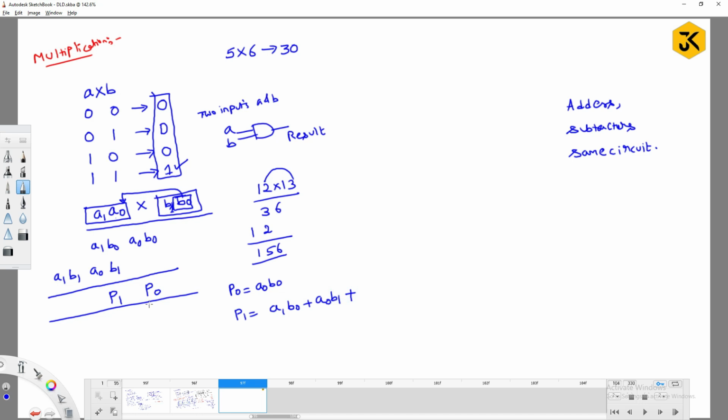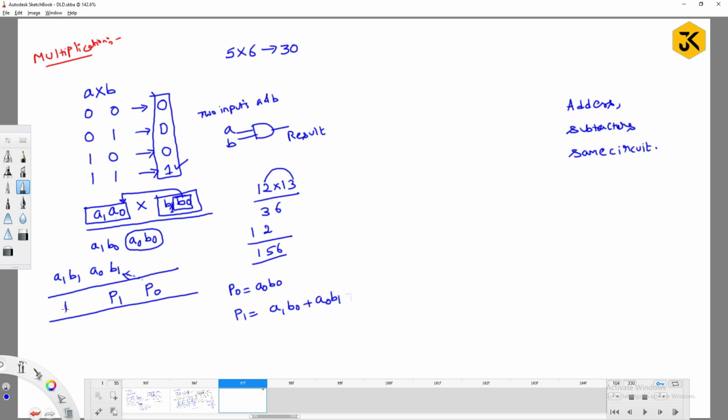And guys, is there any carry going to be produced here? Is there any chance to produce a carry? No, because here you are going to get only one bit of number, so you won't get any carry. That's the reason there won't be a carry for p1, meaning that p1 does not depend upon any carry.